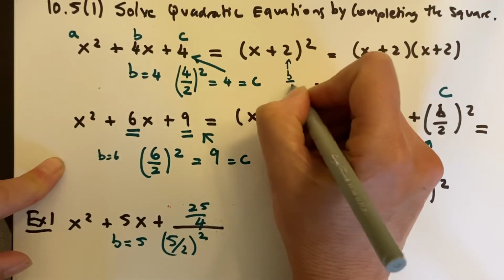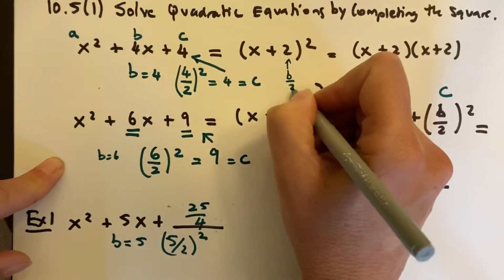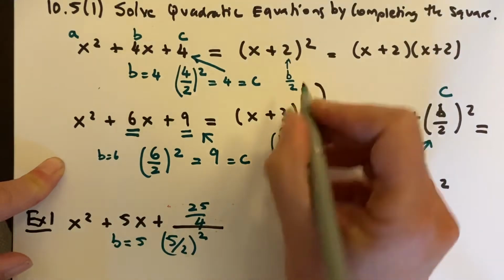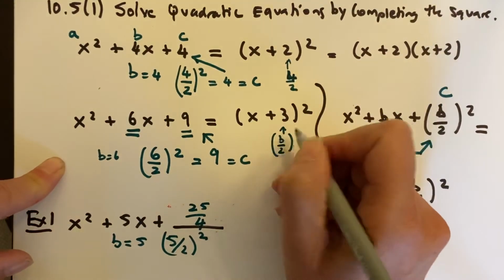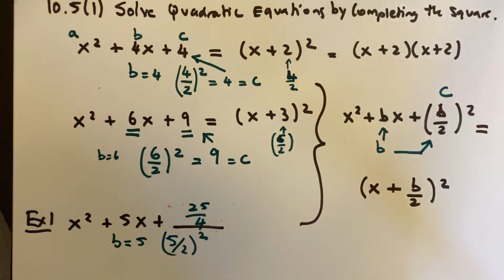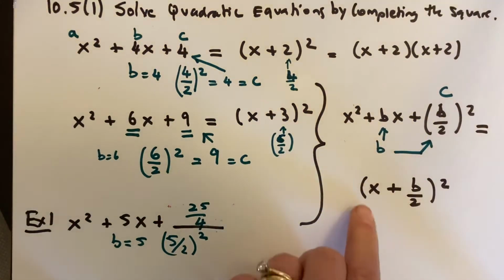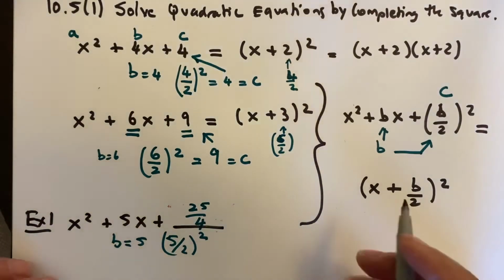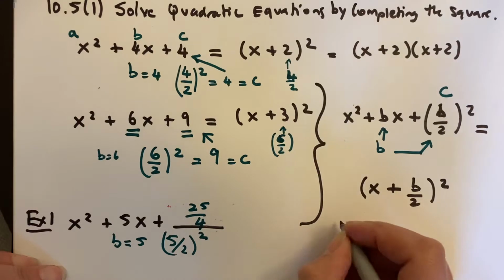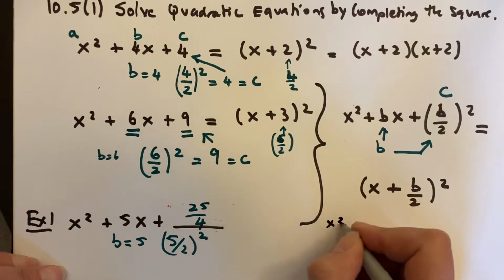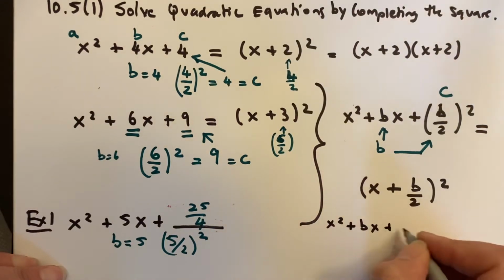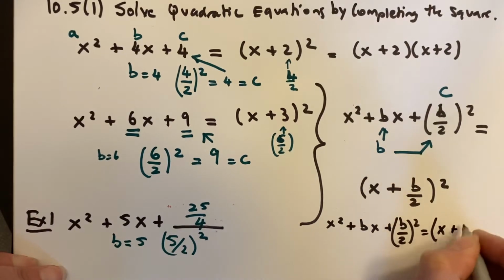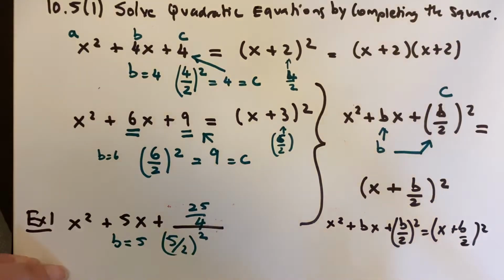This is b/2. 4/2 is 2. 6/2 is 3. Okay? So this is 4/2, and this is 6/2. Okay? So b/2 is going to be over here, which means that if I write this out all together, I have x squared plus bx plus b/2 squared equals x plus b/2 squared.